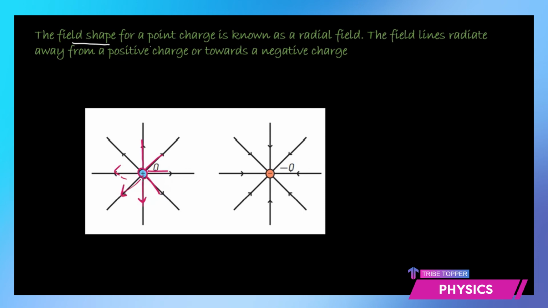For the negative charge, again you have a radial field, just like the sun rays, but they are all acting towards the source charge. So you have to remember that the field shape for a point charge is a radial field, because it goes radially outwards, and these field lines radiate away in case of a positive charge and towards a negative charge.